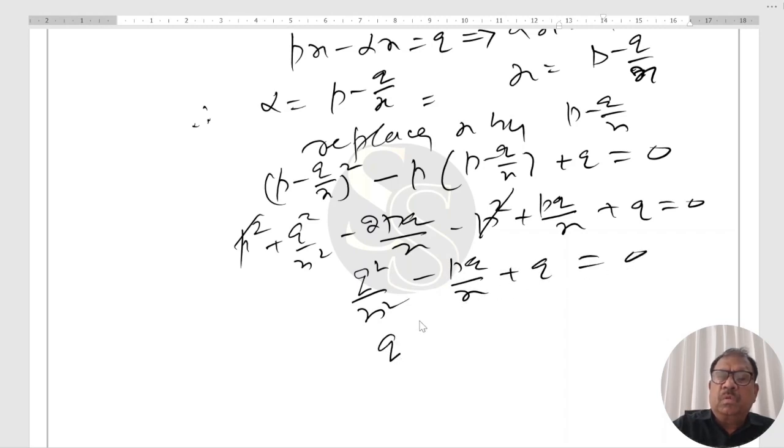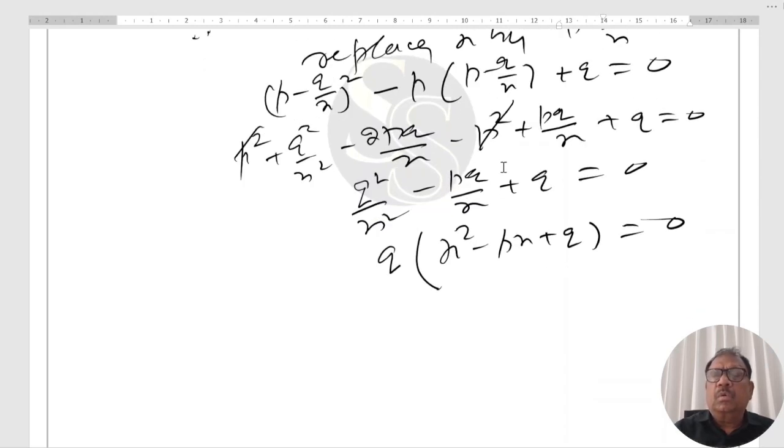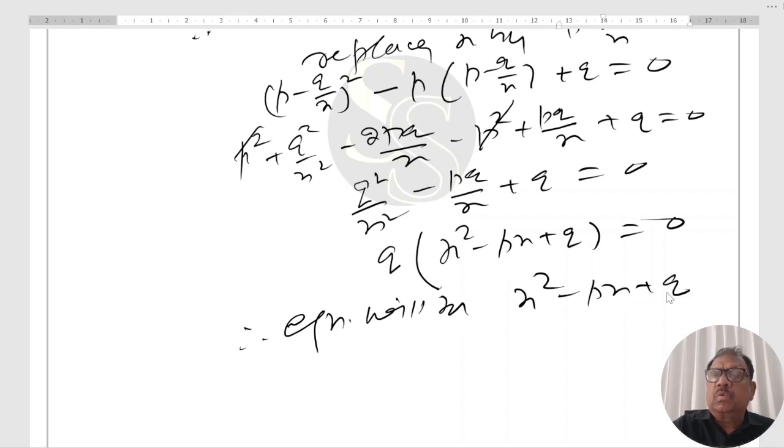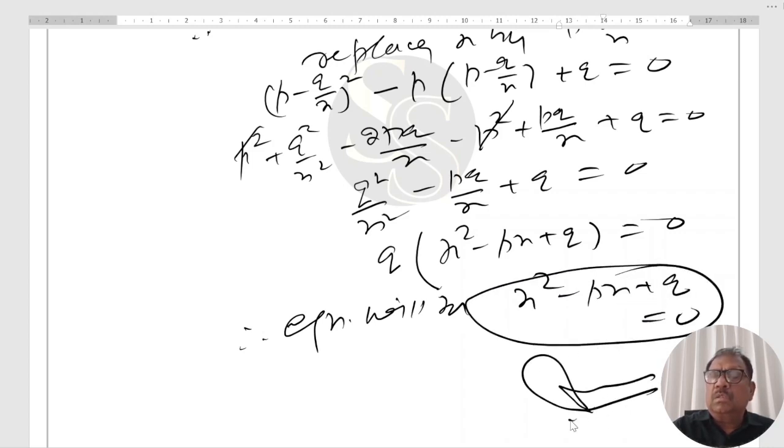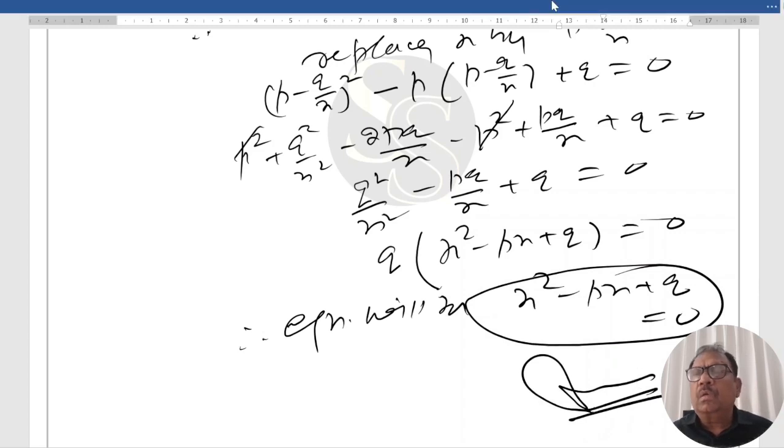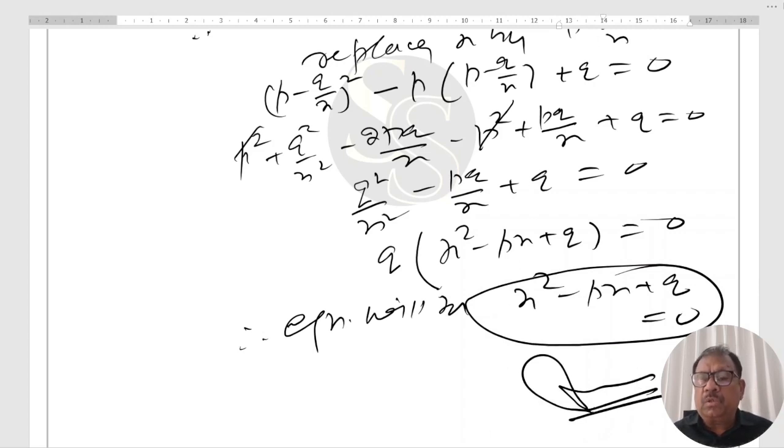On simplification, q taken common, x square minus px plus q equal to 0. Therefore, the equation will be x square minus px plus q equal to 0. That is the answer. This is the required equation. Next question.